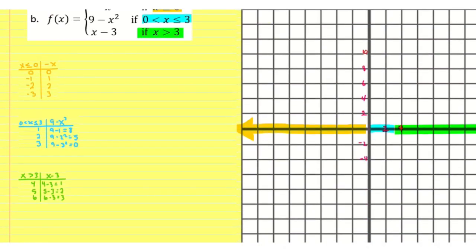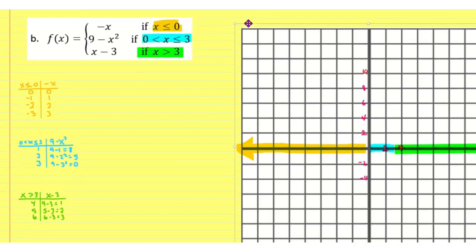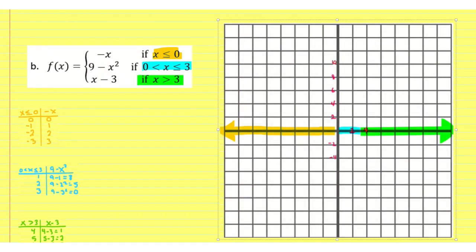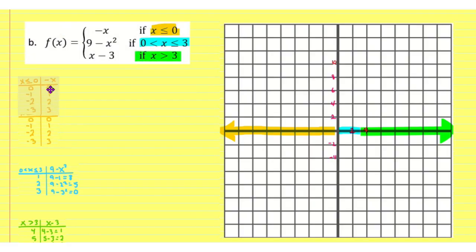Okay, we're going to do it again. This piecewise function has 3 parts though. So we're going to do our table of values 3 times for all 3 parts. Okay, so for the first one, again, my restriction on my domain, that's where I choose my x values.